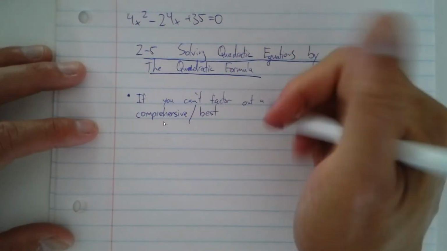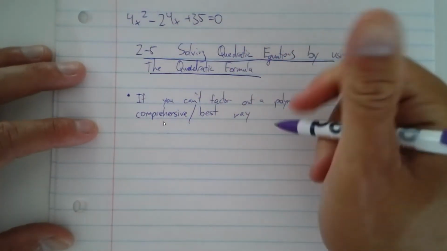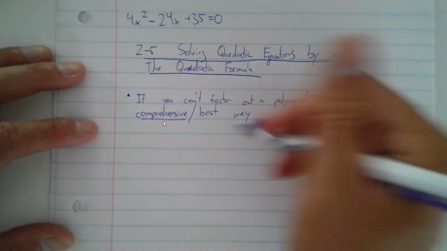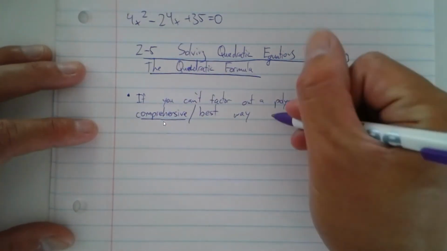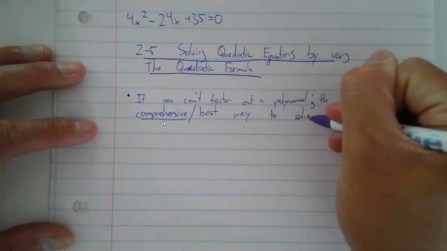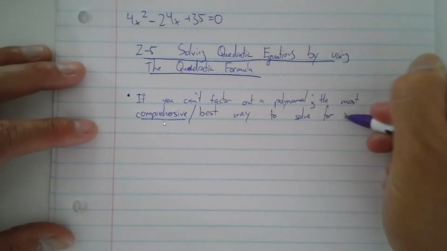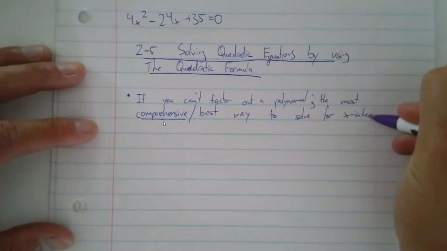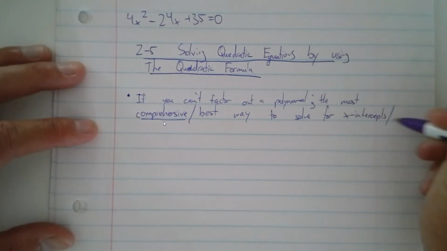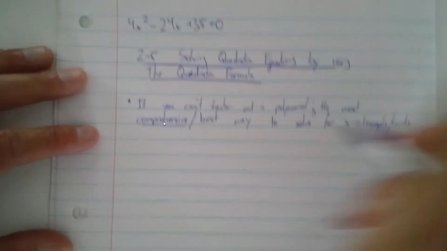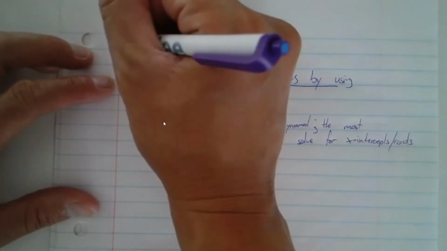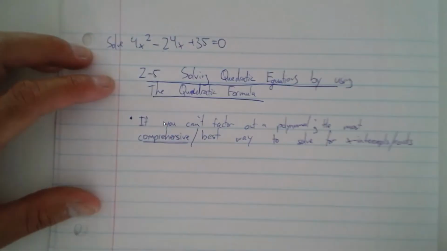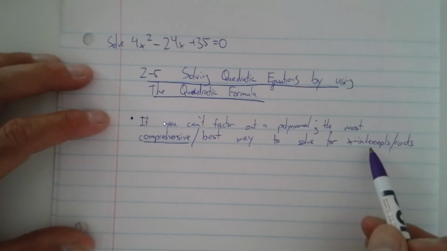I think comprehensive is a little more accurate here, but we'll just say best. Most best way to solve for x-intercepts or roots. So whenever they say solve this equation and they set it equal to 0, they're asking for the roots or x-intercepts.